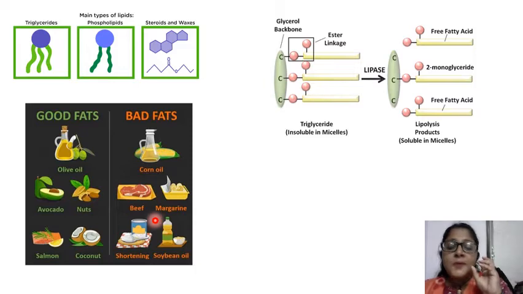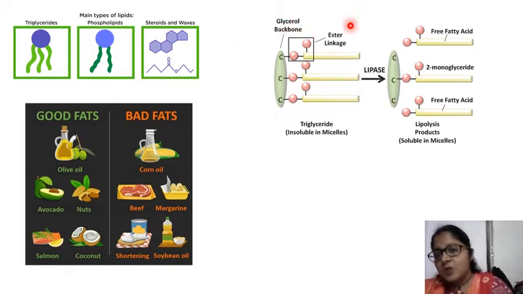Those are the sources of fats in our diet, which is very, very important. Now the main or basic structure of the fat is this triglyceride. We have three molecules of fatty acid, 1, 2, 3, and one molecule of glycerol, which is very important.